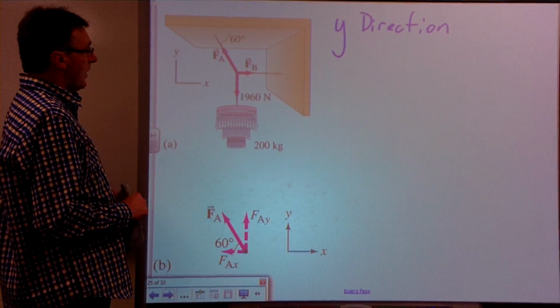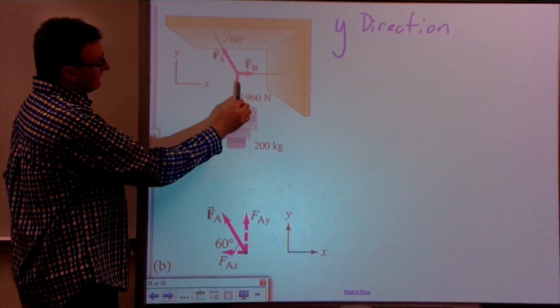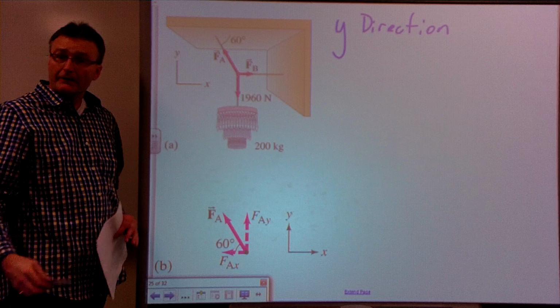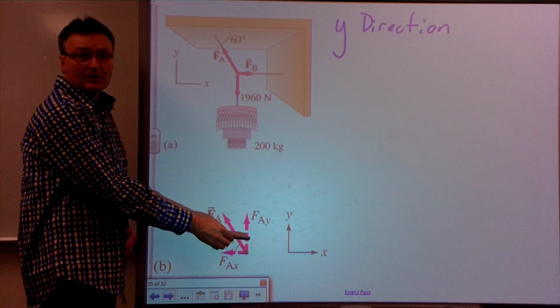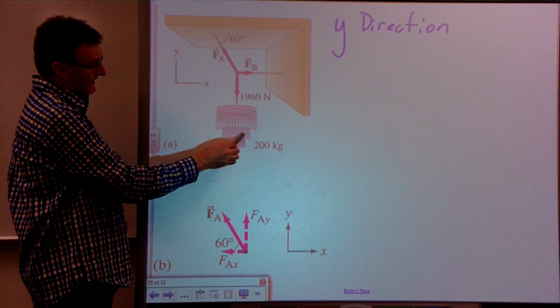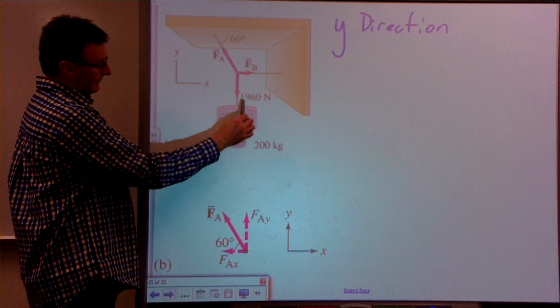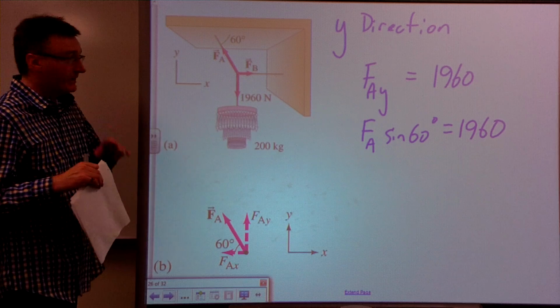So let's look at the y direction first, in the vertical. Force B is not a factor in this, so we don't need to worry about force B. We just need the y component of force A. The y component of force A will equal the weight of this chandelier, which is 1960 newtons. So that's where we can start.